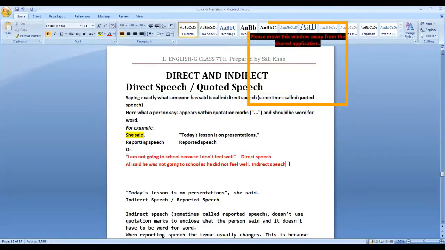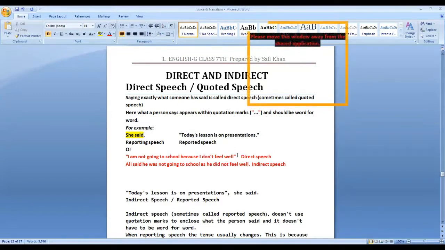Now you have two possible options to deliver that message to your mom. Let's say your name is Anna and your brother's name is Ali. You can go and tell your mom, Ali said he was not going to school as he did not feel well. That's one way.